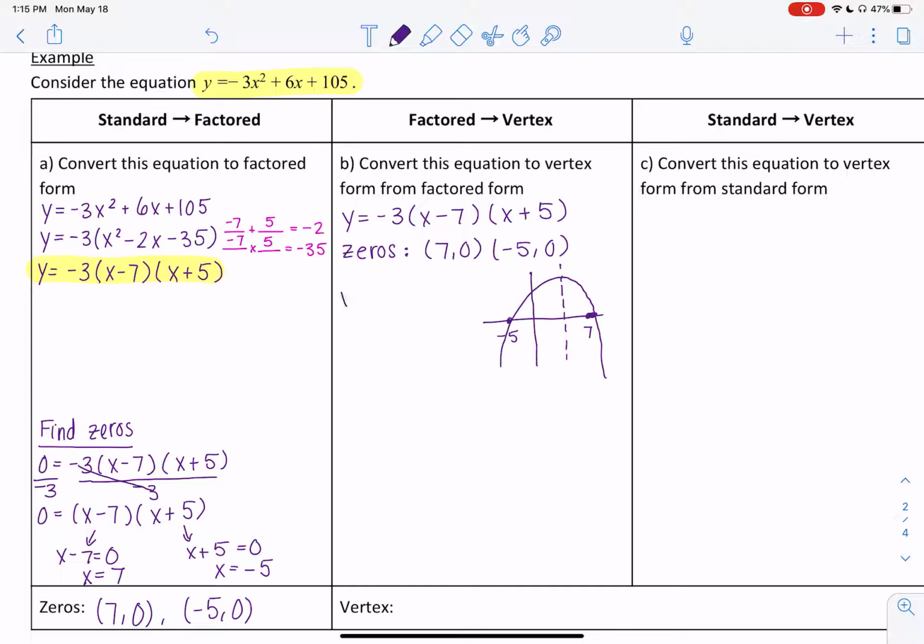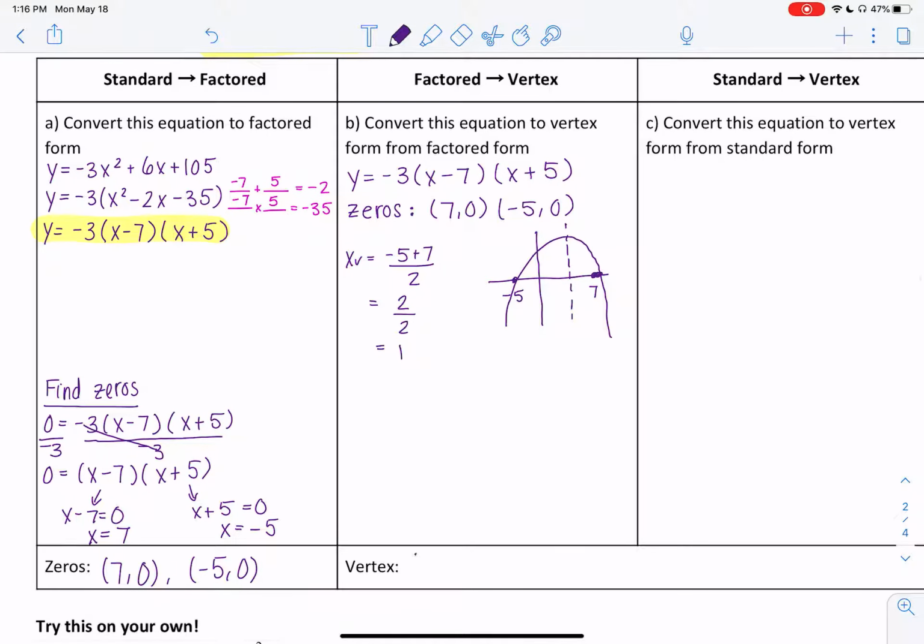So to find that spot that's right in between, it's very similar to when we were doing midpoint. So I'm just going to add those two together and then divide it by 2. So I'll get 2 divided by 2 equals 1. So what we know so far is that our vertex is 1 something.